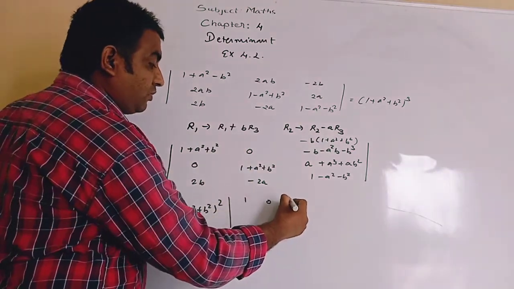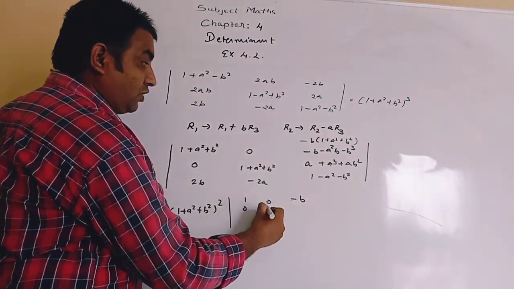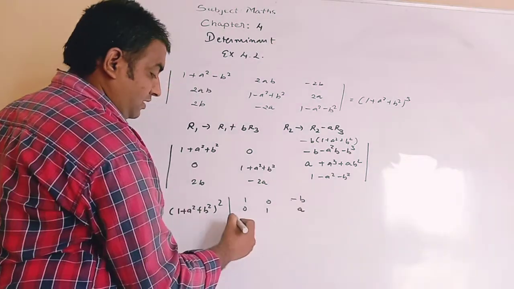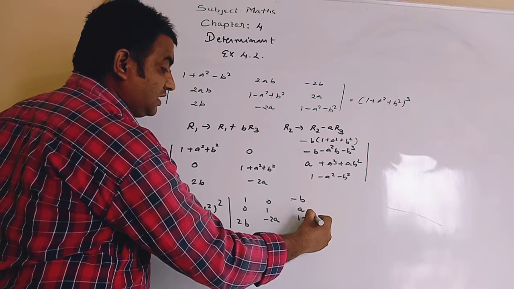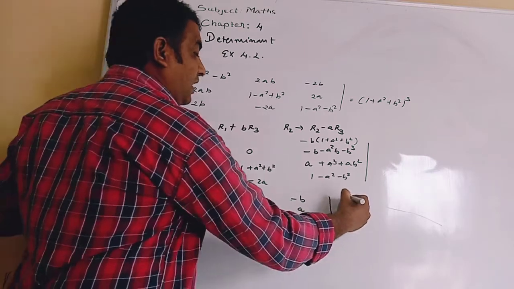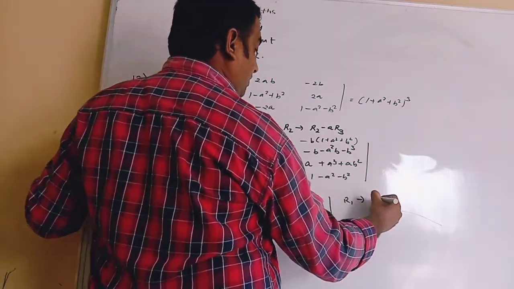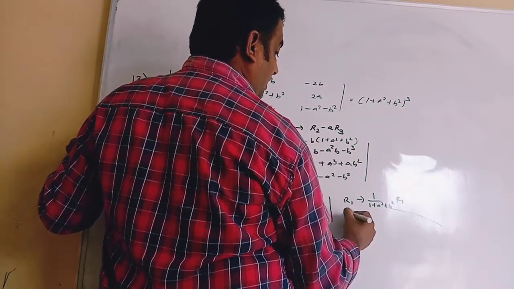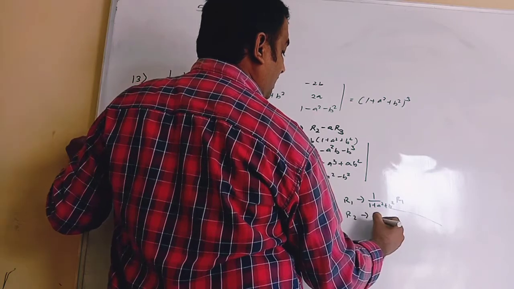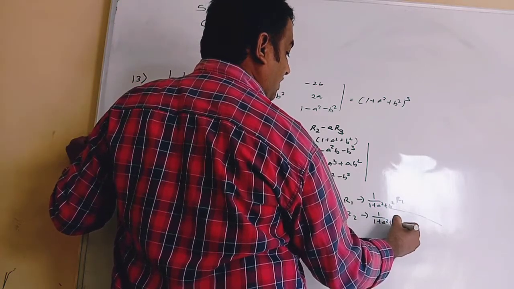So 1 0 −b, 0 1 a, and 2b, −2a, 1 − a² − b². R1 transforms into 1/(1 + a² + b²) R1, R2 transforms into 1/(1 + a² + b²) R2.